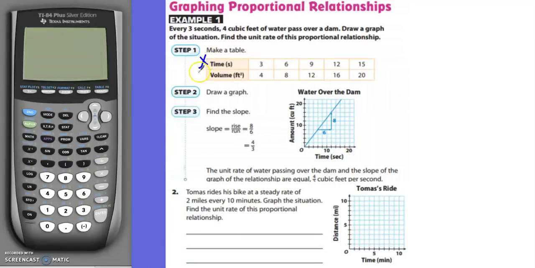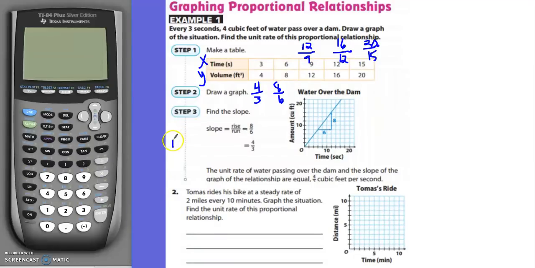So if we call this X and this Y, our constant rate of change is going to be 4 over 3. 8 over 6, which is 4 over 3. 12 over 9, which simplifies to 4 over 3. 16 over 12. And 20 over 15. All of these simplify to 4/3.